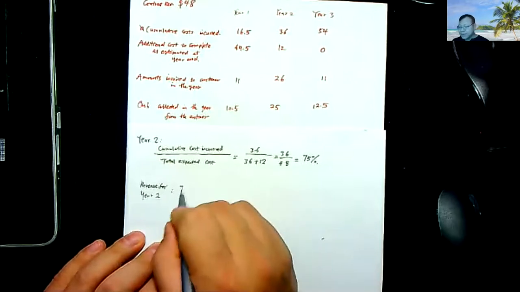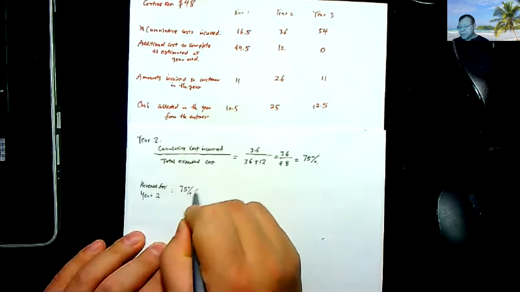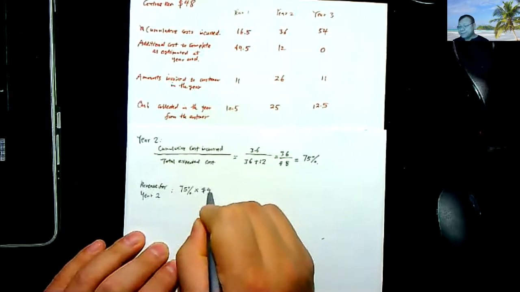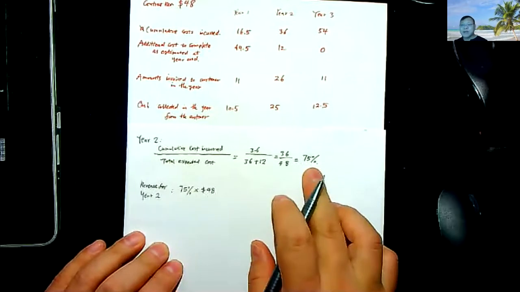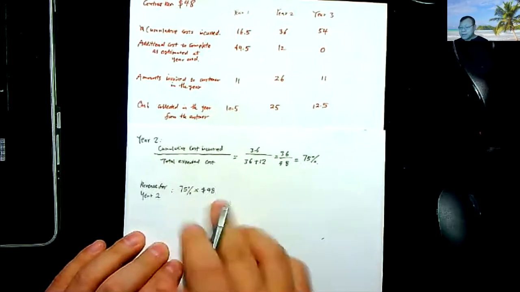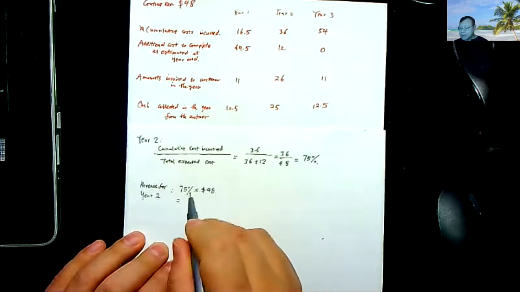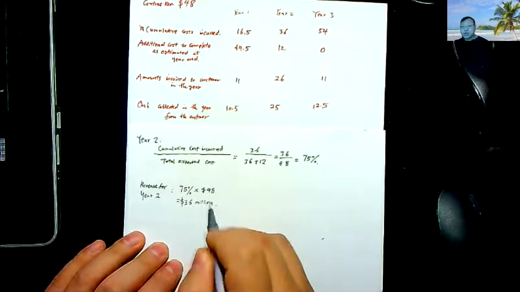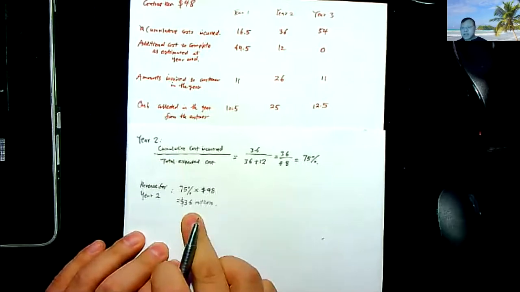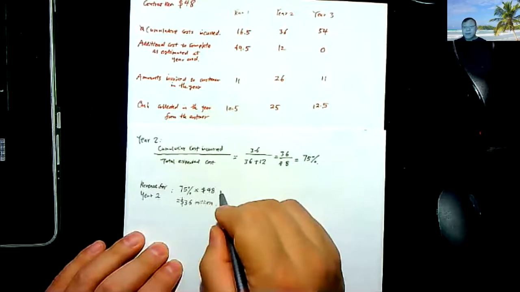So I use 75% times 48 million. Because you completed 75% by the end of year two, you should recognize $36 million of revenue.